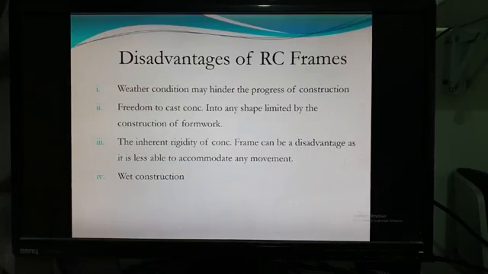So the disadvantages of RC frames. Number 1, of course, weather. May hinder the progress of construction, because as we know, normally when we talk about RC, we are talking about wet construction, which means that the reinforced concrete has to be batched in situ.